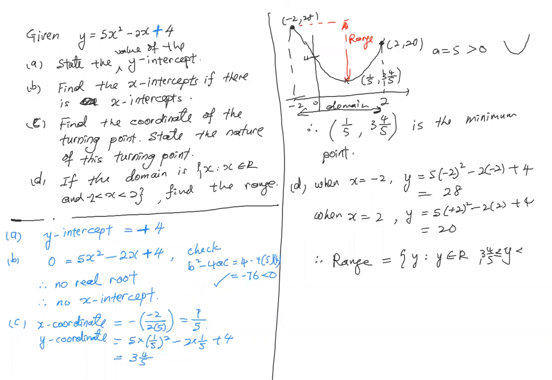The highest is 28. So depending on the domain that is given to you, you find the corresponding range. Domain is all the possible values for x. Range is all the possible values of y based on a given domain.